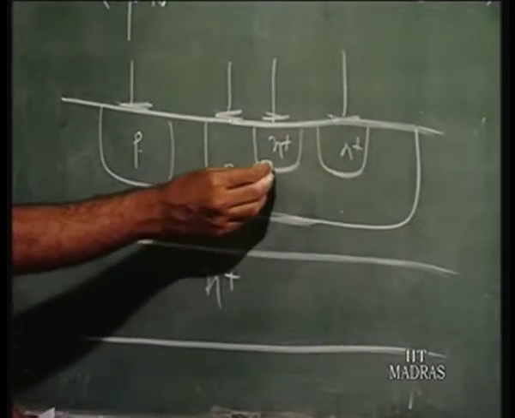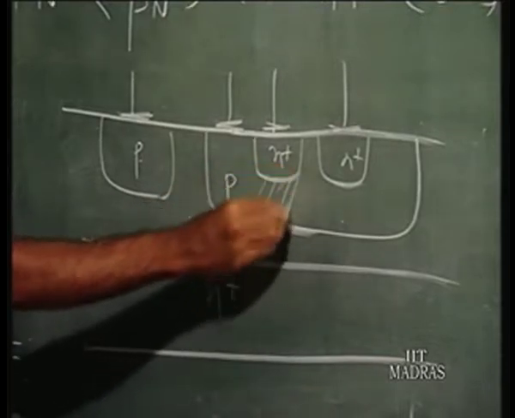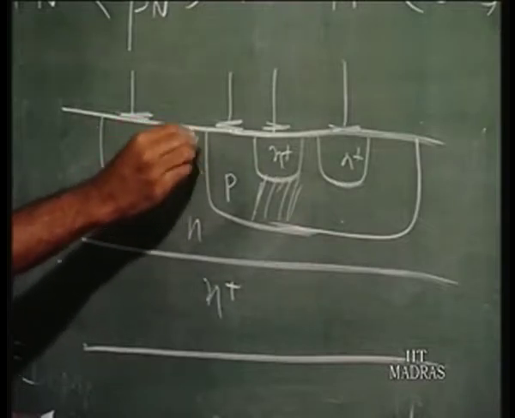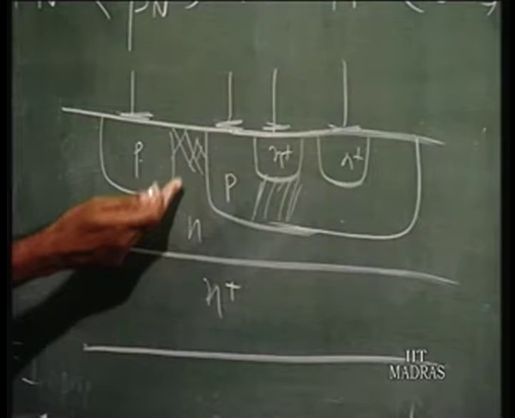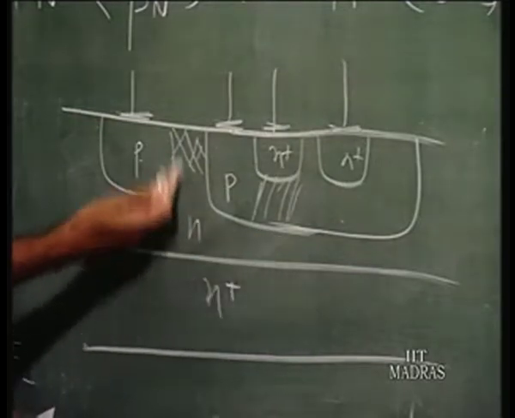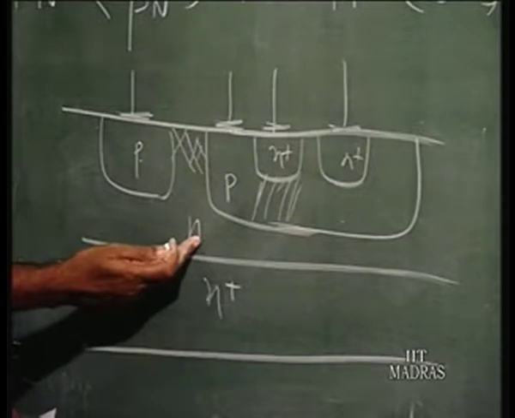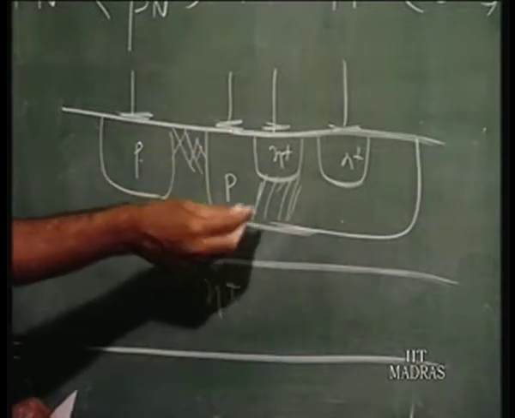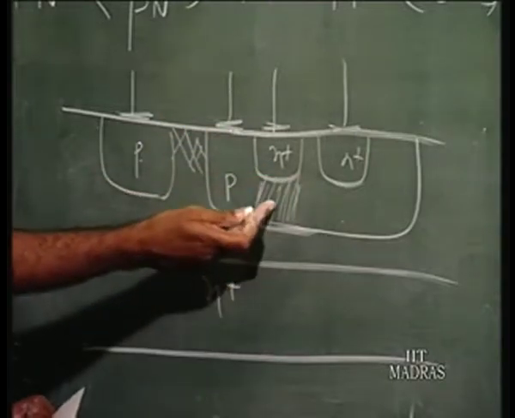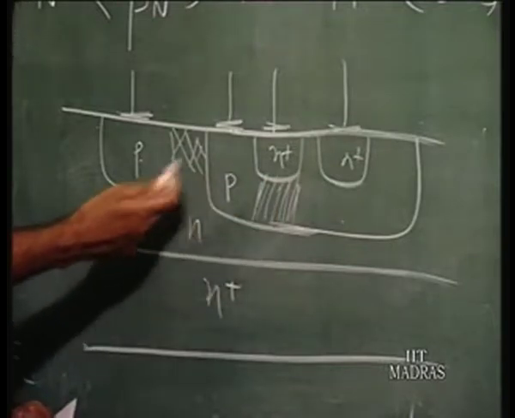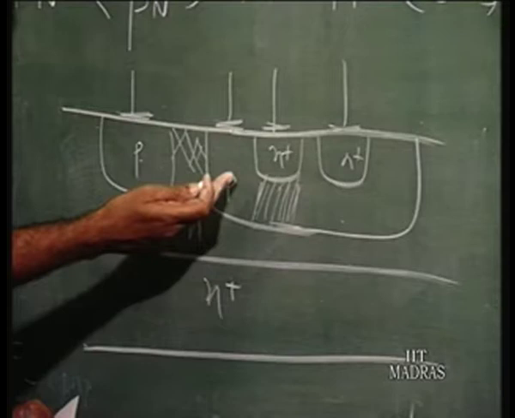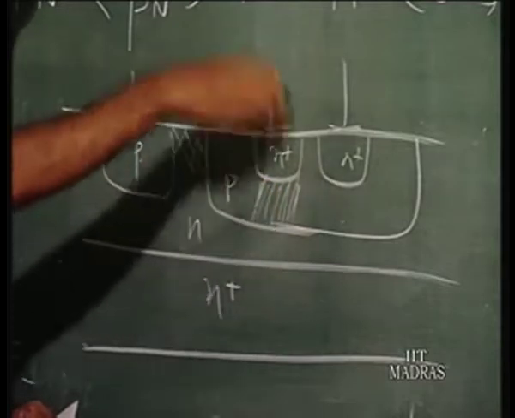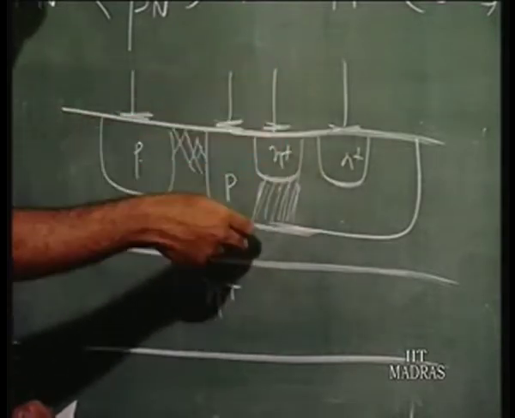So, the base for the NPN is this region, okay, and the base for the PNP is this region, base concentration. So, the base concentration of the PNP, all right, is this N, the substrate concentration, okay, and the base concentration for the NPN, because you are diffusing into the substrate, the base concentration of the NPN obviously is going to be higher than that of the PNP. Okay, NB for the NPN obviously is going to be higher than the PNP, because you are creating that base of the NPN by diffusing into that substrate.